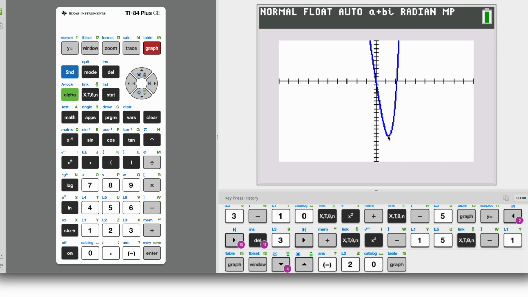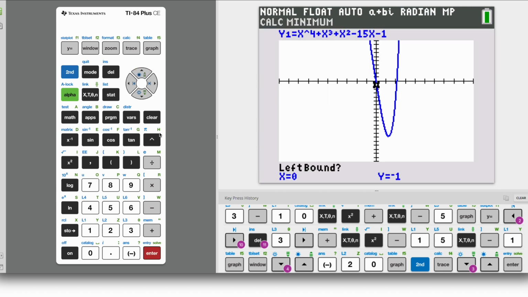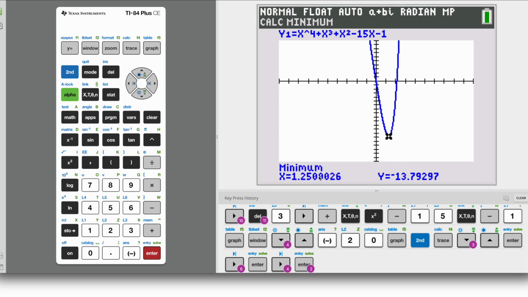So to find out this point, you would hit second trace, go down to minimum because this is the lowest point, and then you are going to toggle over close, and you need a left bound, which needs to be the left side of the turning point, hit enter, and then a right bound, which is the right hand side of this turning point, hit enter, and then hit enter one more time, and there's a minimum here.